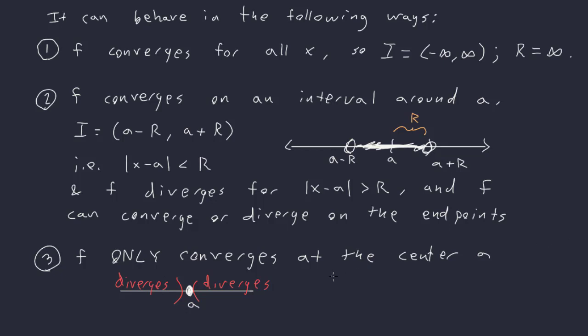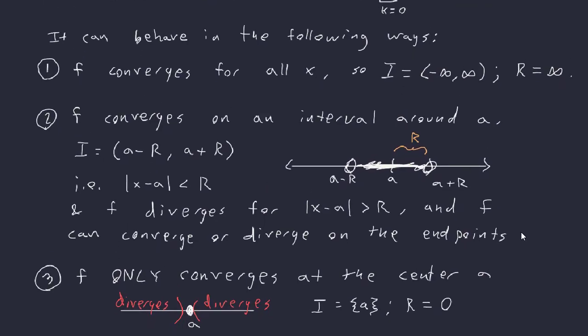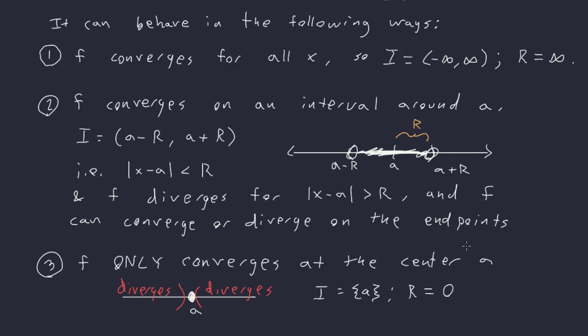So here the interval of convergence is literally just the element a, and the radius of convergence here is 0. So the radius of convergence can range from anywhere between infinity to 0. If it's infinity, the interval of convergence is the entire real line. If r is 0, then the interval of convergence is literally just a single value, and anywhere in between we get a nice balanced interval of convergence.